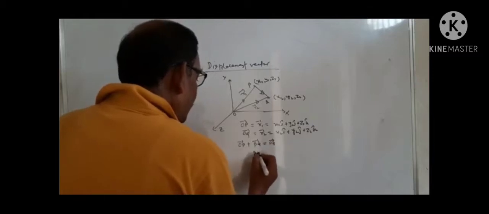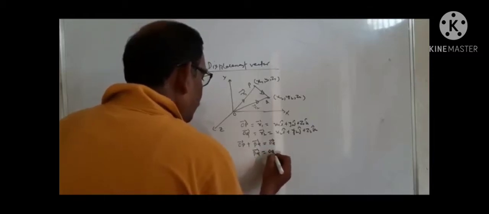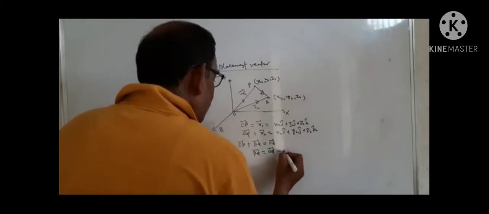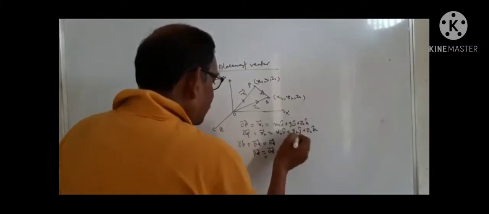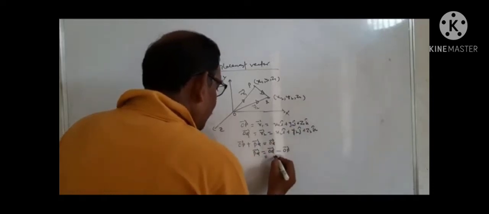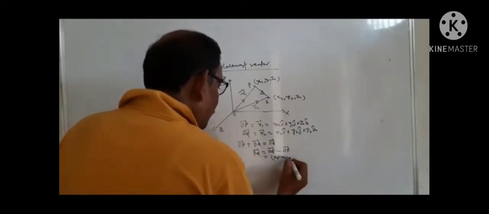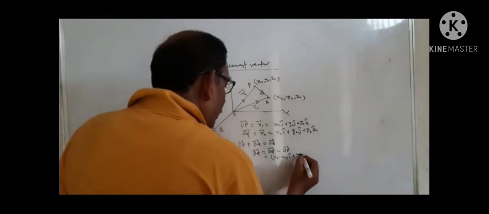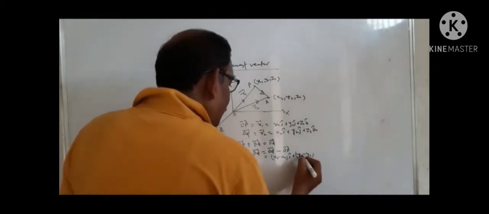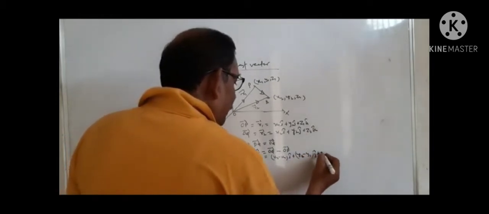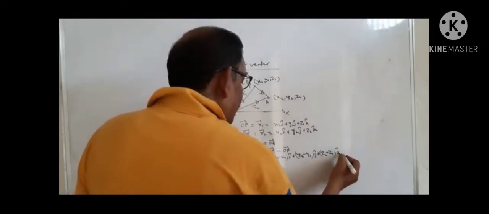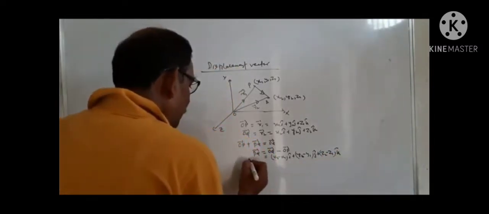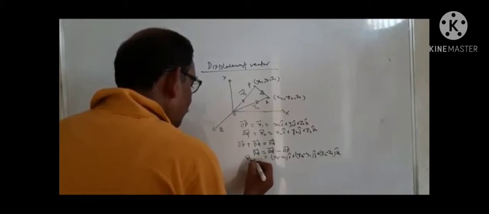So now PQ is equal to OQ minus OP. After subtracting, this is x2 minus x1 i cap, y2 minus y1 j cap, z2 minus z1 k cap. Or simply write this one, r2 minus r1.